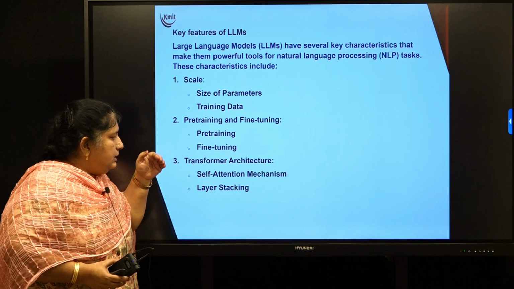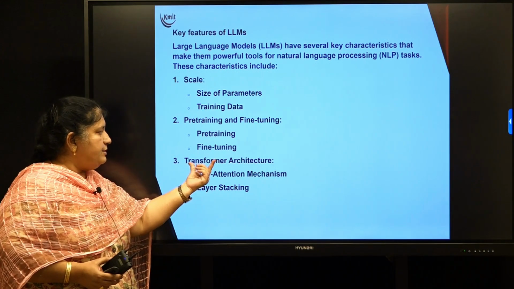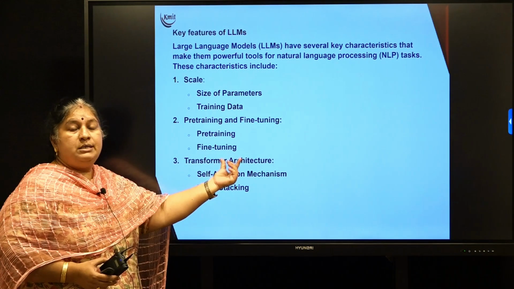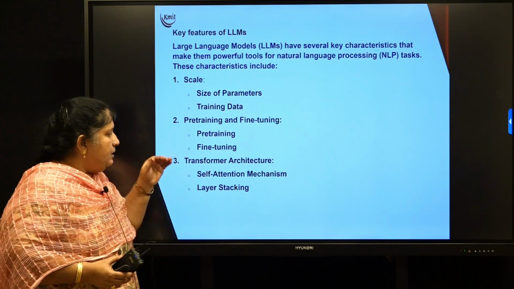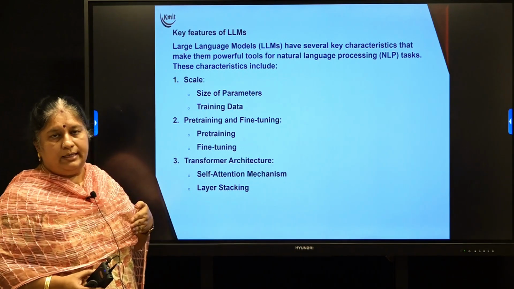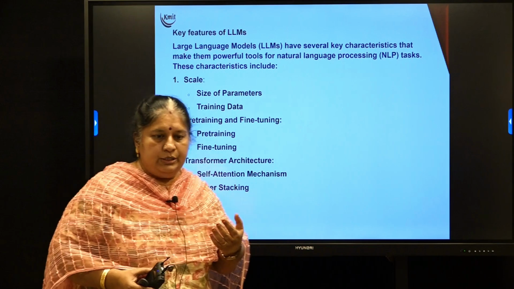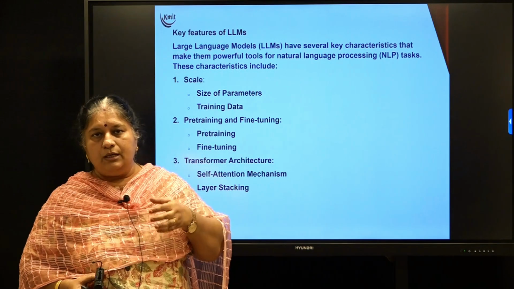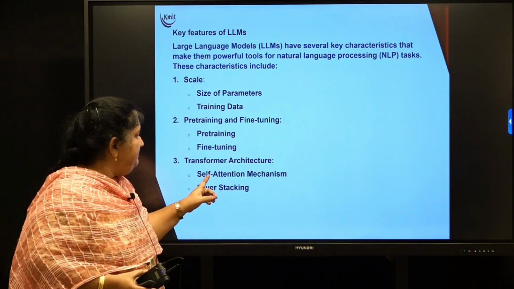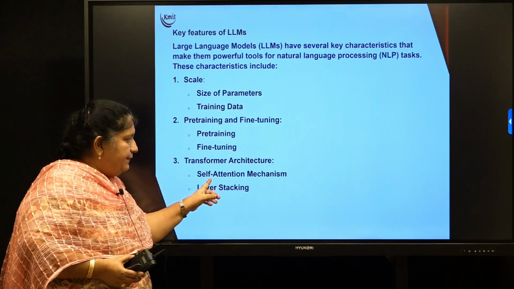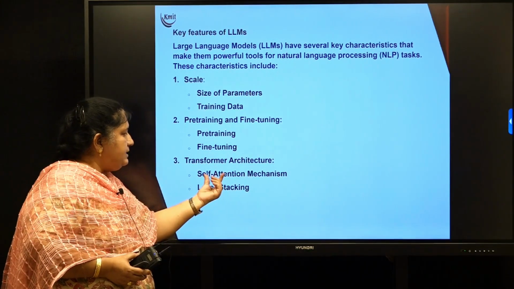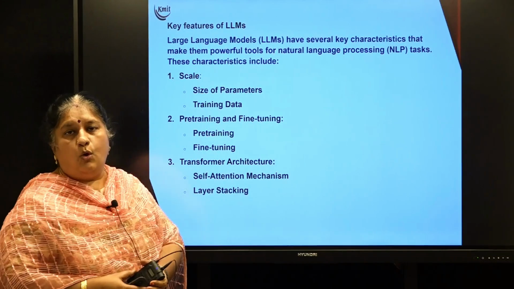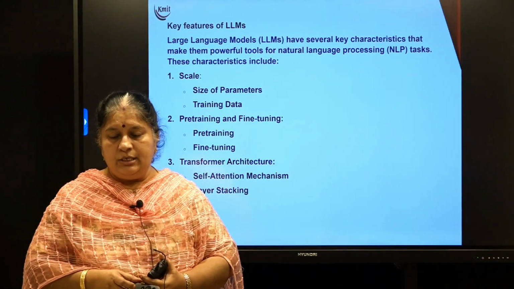Then the third one, very important one: LLM works on transformer architecture. What do you mean by transformer architecture? Whenever you allow the LLM to work under transformer architecture, it has a very good mechanism called self-attention. What do we mean by self-attention?